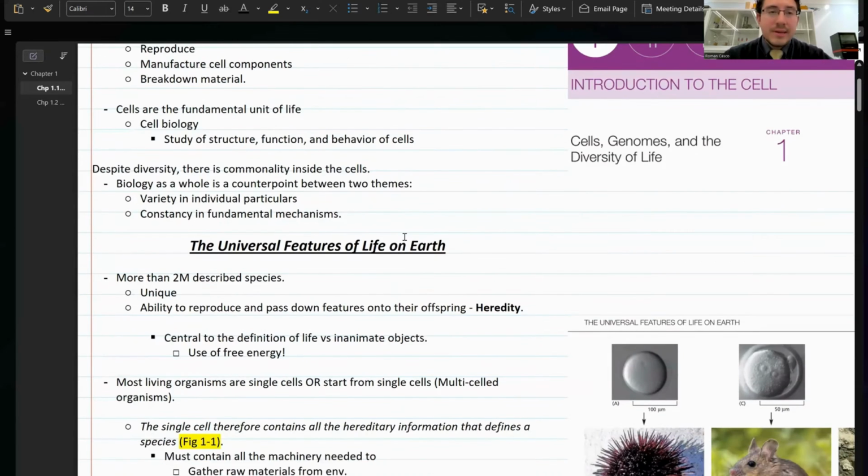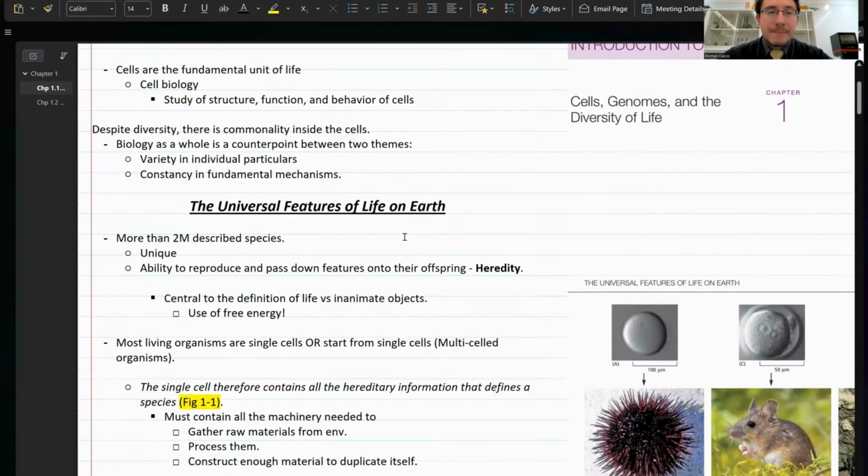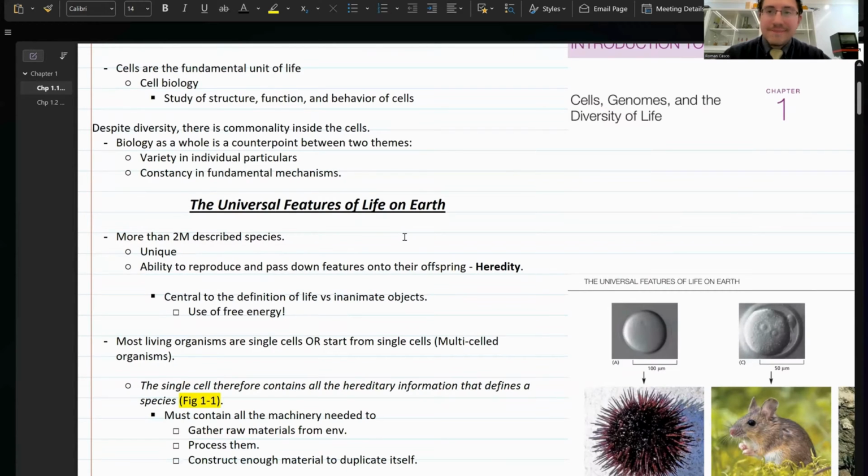One of the key points they mention, and of course, this is a defining concept in biology, is that despite all the diversity that we see in this natural world, in this living world, there are some commonalities, right, inside cells and some similarities even with organisms, right? But biology as a whole, right, has this kind of counterpoint between these two aspects, right?